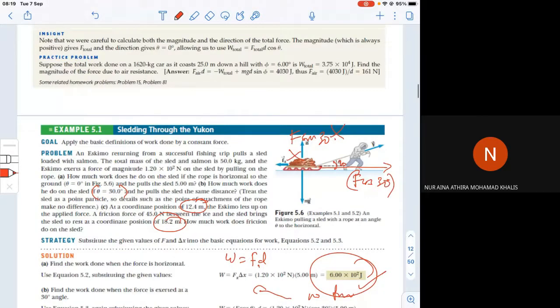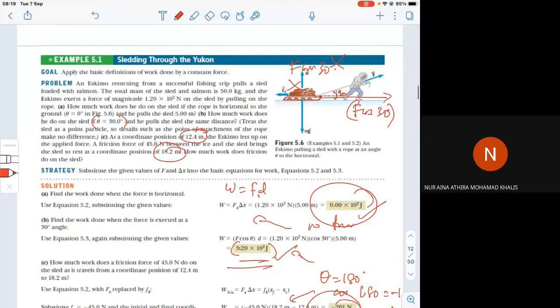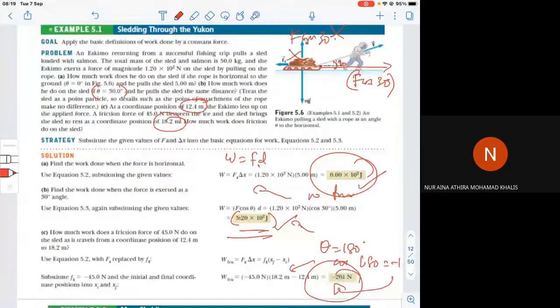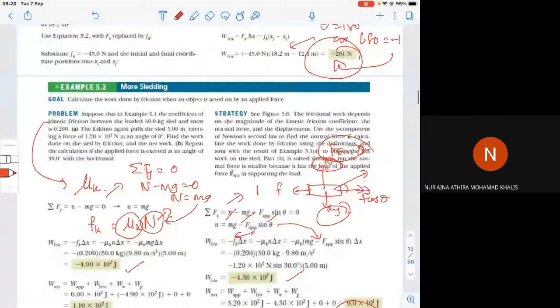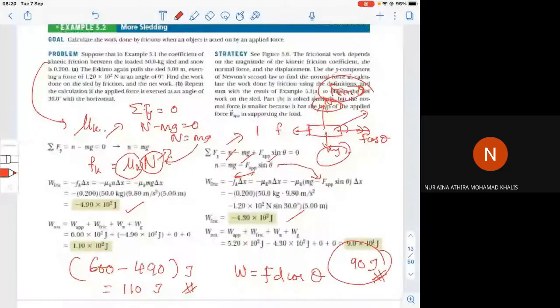So these are other examples of using the component of force that is parallel to the displacement. Remember, we need to know the component of force that is parallel to the displacement. And what happens when we also involve friction?